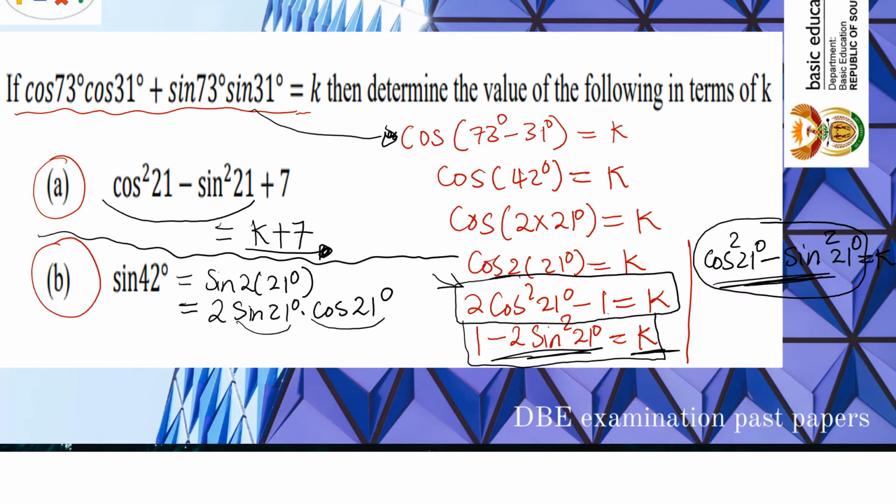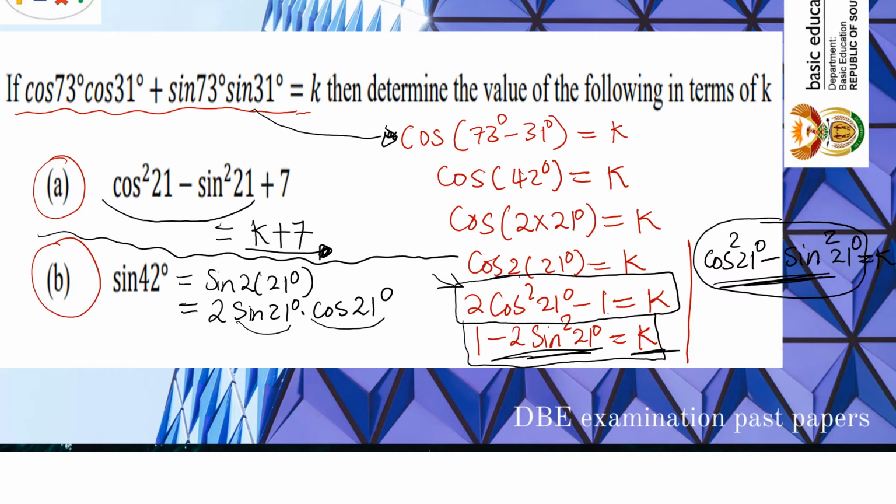Then we can express it in terms of k. That's another method you can do, although it's going to be a long method, so let us try a simpler method.